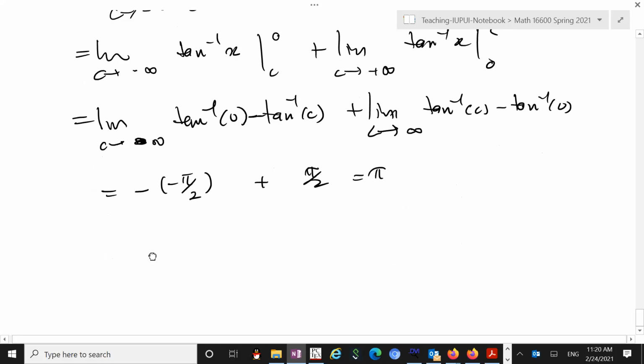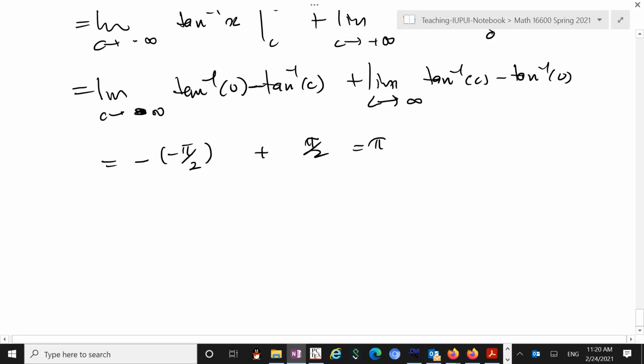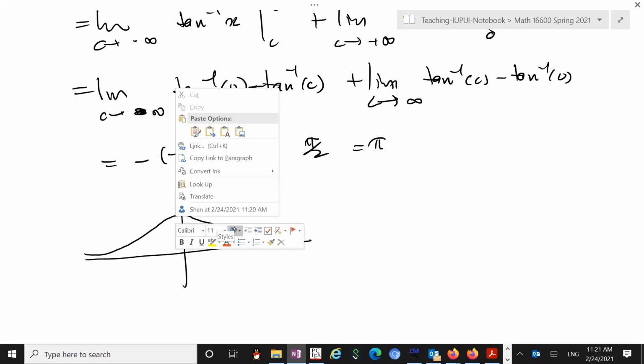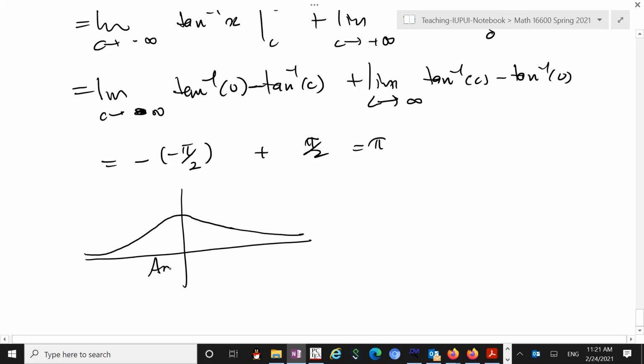Now, it's interesting to see that the area of this unbounded region, if the function is 1 over 1 plus x squared, is going to be pi.